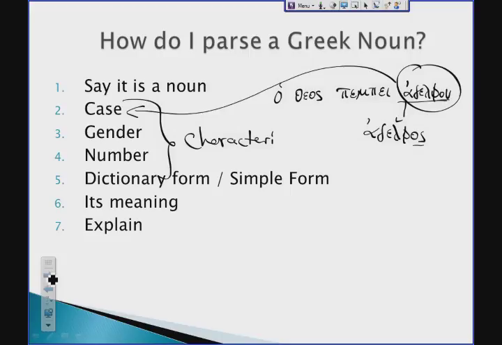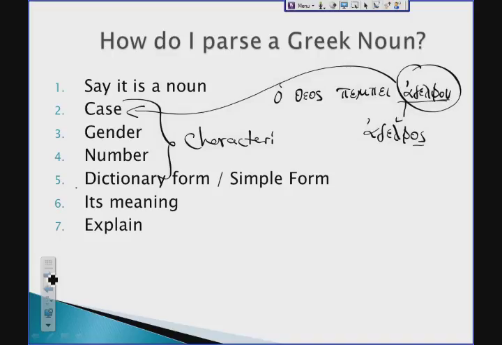We said it's a noun, accusative. I'm talking about adelphon, and it's masculine, and it's singular, of adelphos, meaning the brother. Explain.